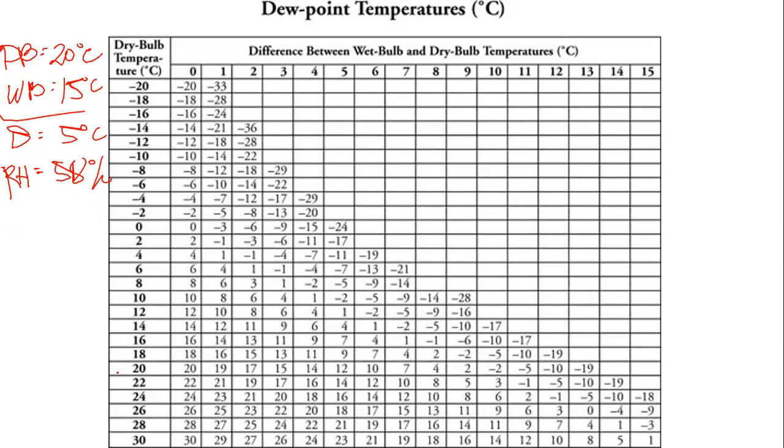So let's enter the table. 20 degrees Celsius for the dry bulb reading. Depression, 5. As per the table, we have 12 degrees Celsius. Dew point, 12 degrees Celsius.